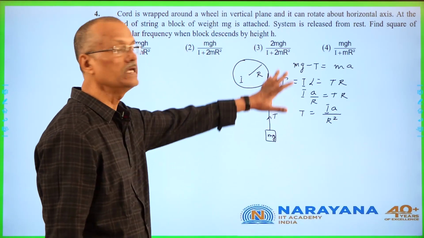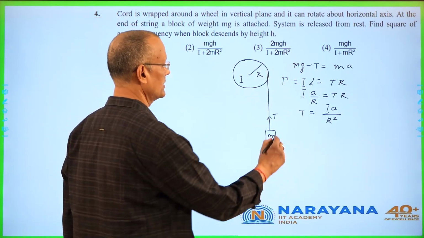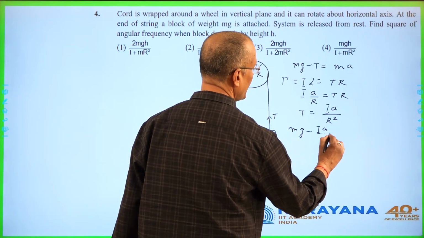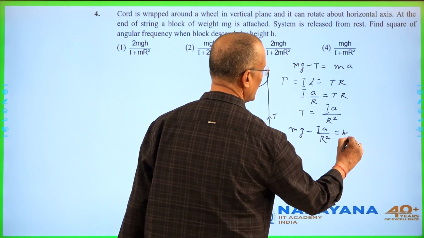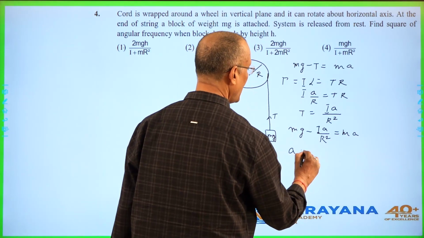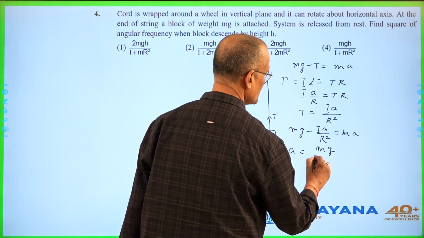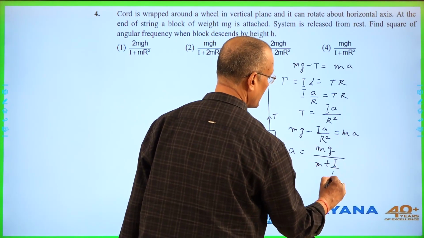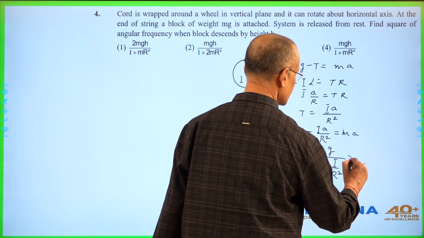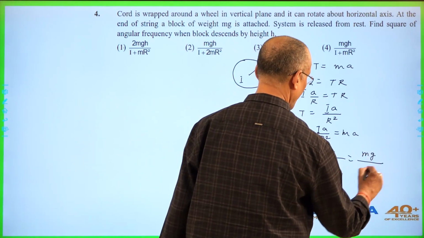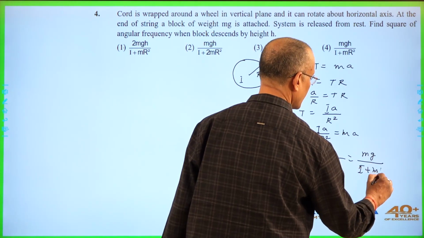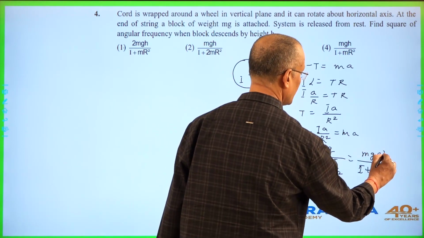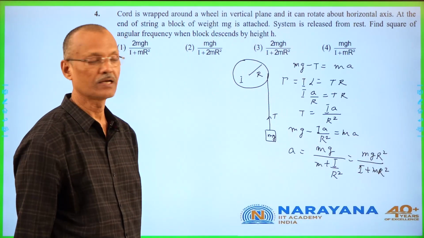Now this value of T, substitute in first equation, you are getting mg minus IA by R squared equals ma. So A you are getting mg by m plus I by R squared. This is becoming mg by I plus mr squared, and denominators r squared you take it up. This is A, right now.